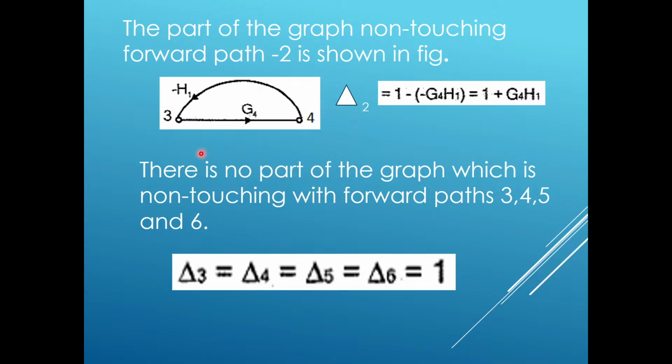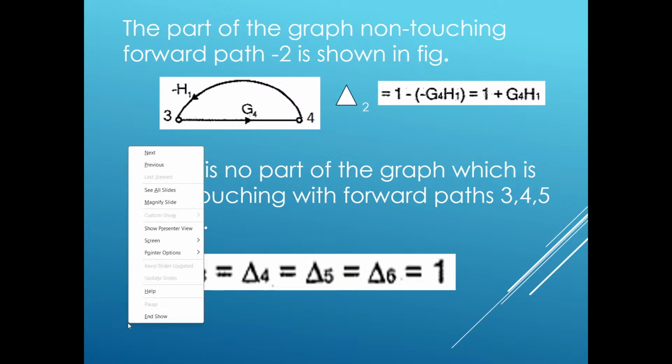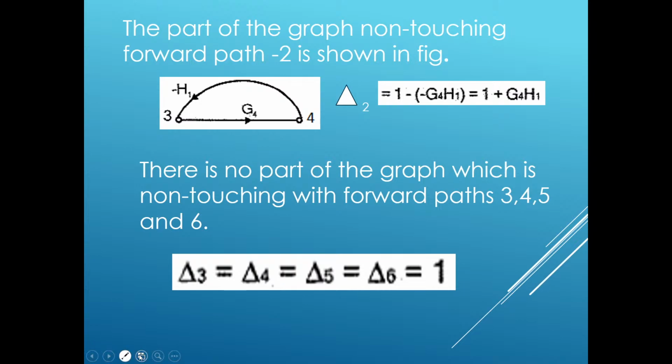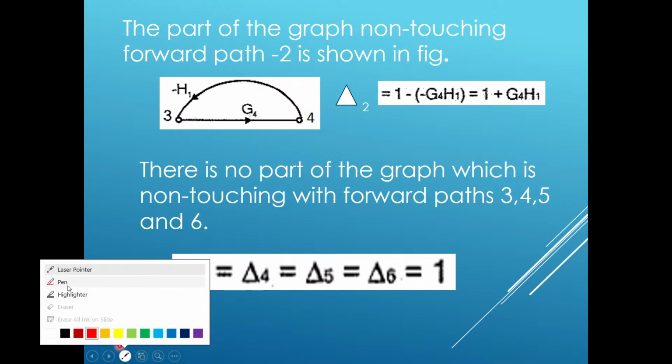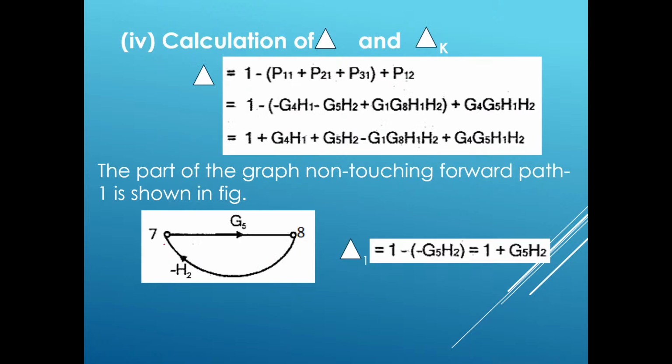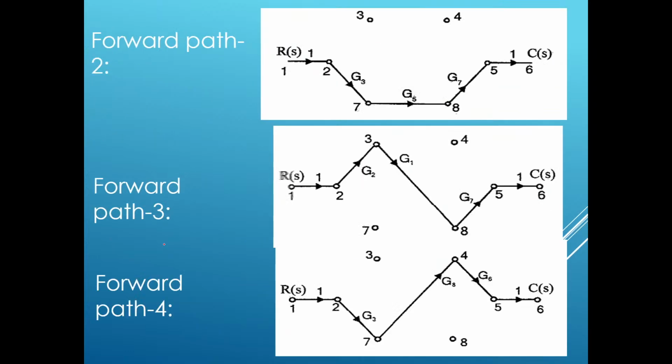Now let us determine delta 3. Delta 3 means let us see if there is any part of the graph which is not touching this forward path 3. So let us go back to the forward paths. This is forward path 3. You can see here only particular nodes, node 7 and node 4. There is no loop which is not touching forward path 3.